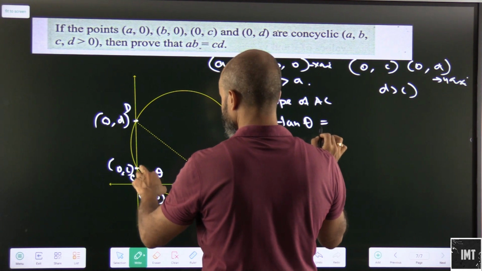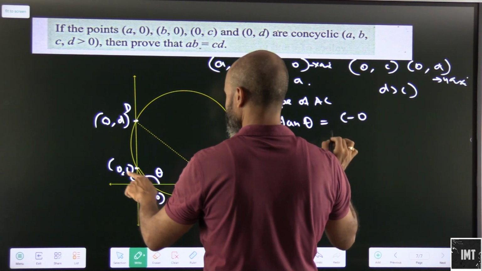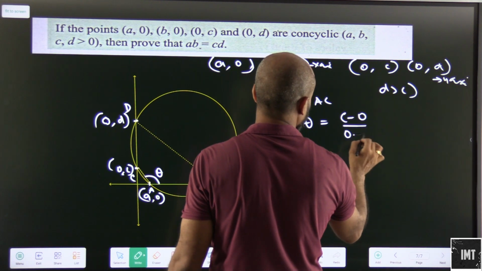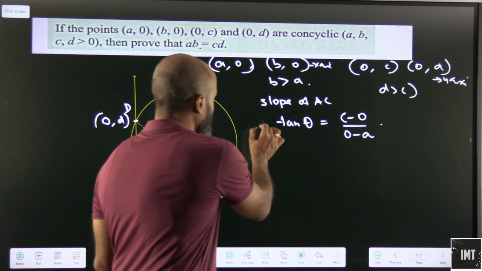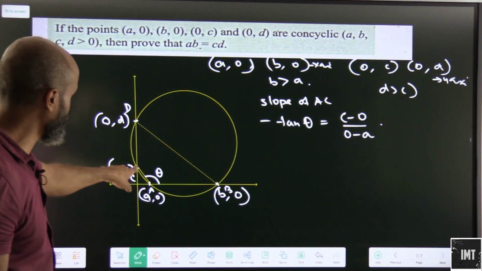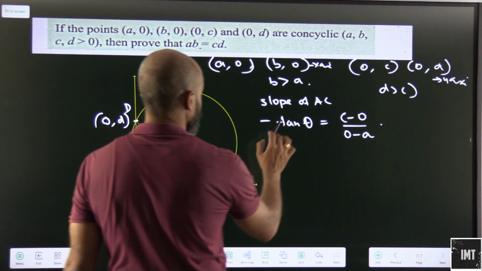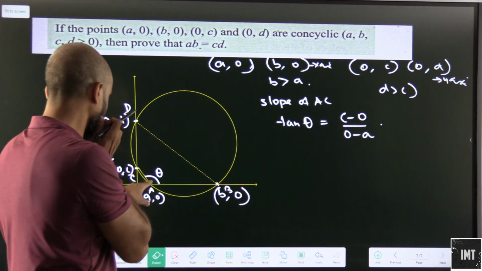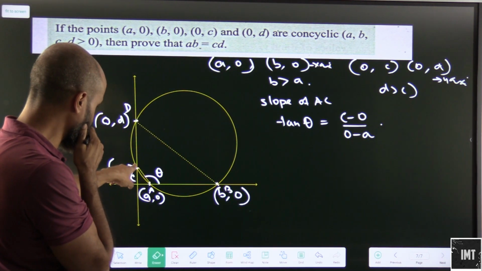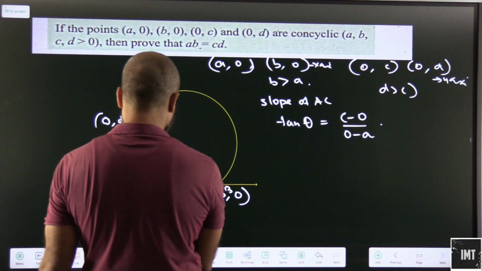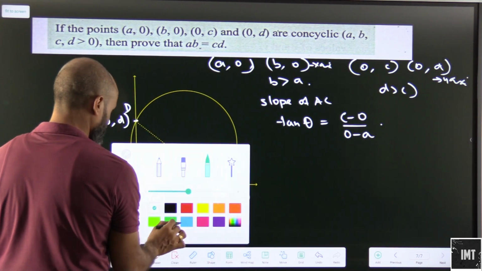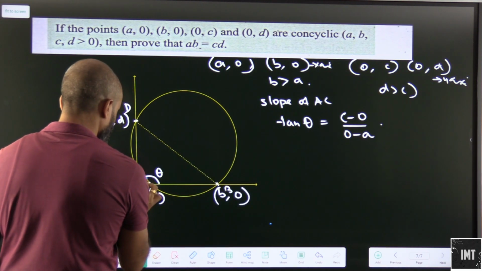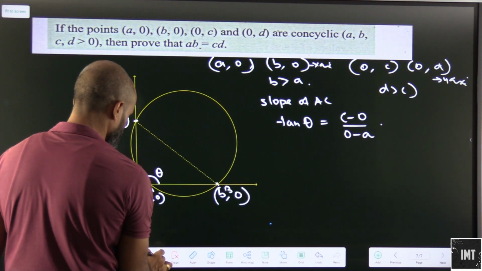(C minus 0) upon (0 minus A), and this will be basically minus tan theta. Why? Because it is an obtuse angle, so this will be tan (180 minus theta). Okay, so if I name this as alpha, so this will be basically what?